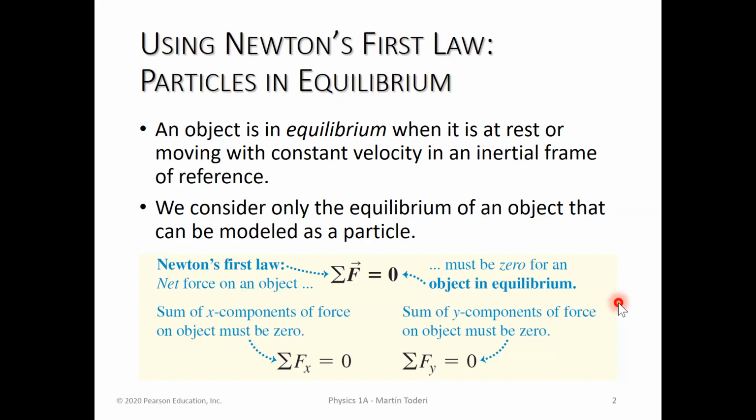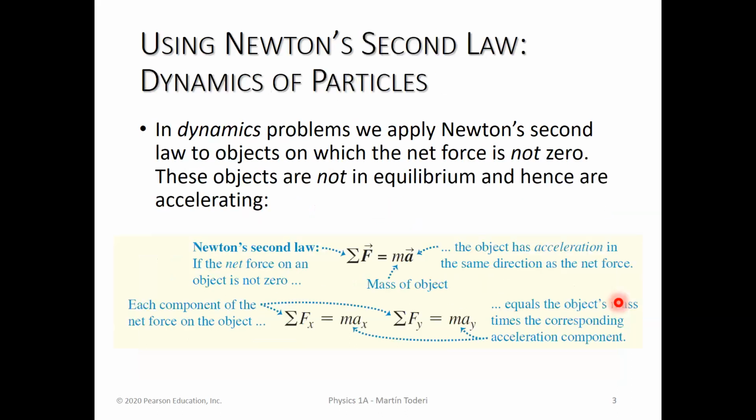If we don't have equilibrium, then we have some kind of dynamics in our particle. In dynamics problems, we are applying Newton's second law to objects in which the net force is not 0. Remember, when our net force is not 0, that will imply that we have some kind of acceleration.